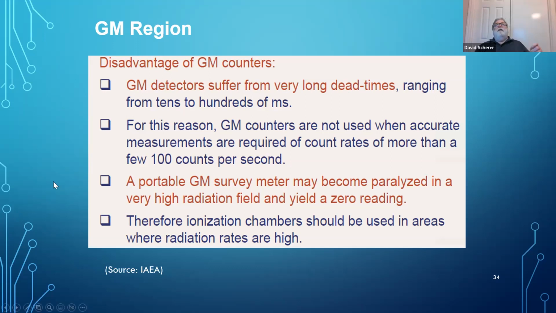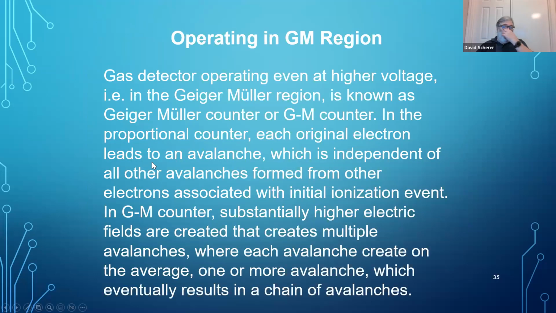In some cases, they can become paralyzed because this ionization phenomenon, this avalanche, can cause secondary signals, and the entire volume can stay ionized in very high radiation fields and never come back to neutral. And so they can give a false sense that there's no radiation. It can't detect radiation at very high levels, and that can be misleading. And so they should not be used in high radiation areas.